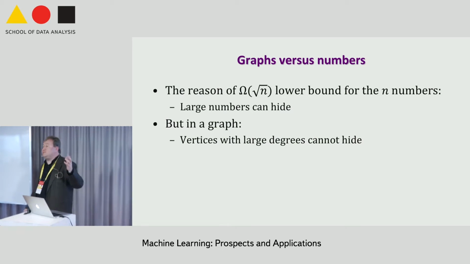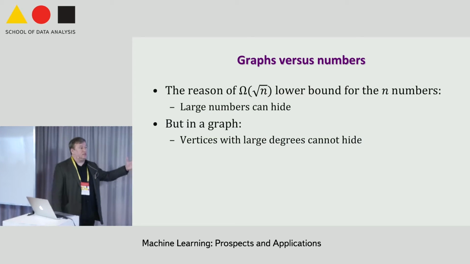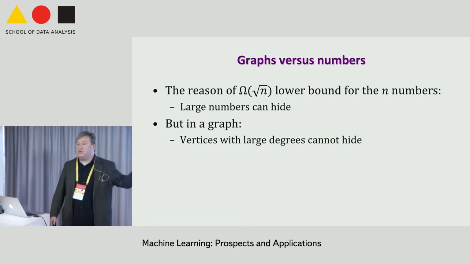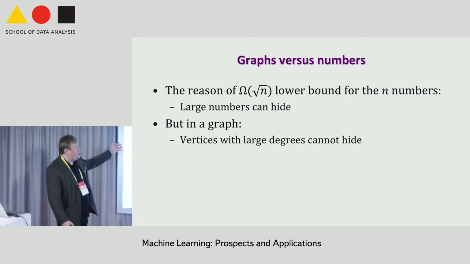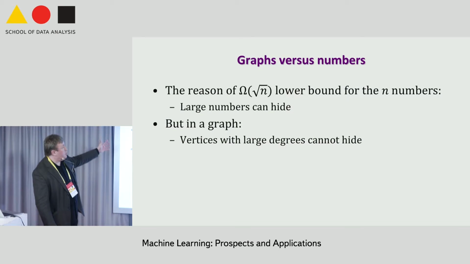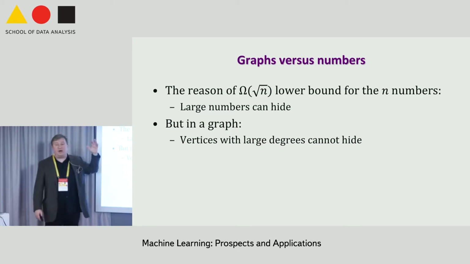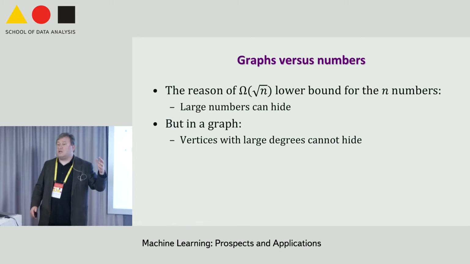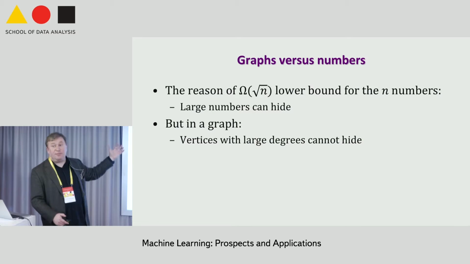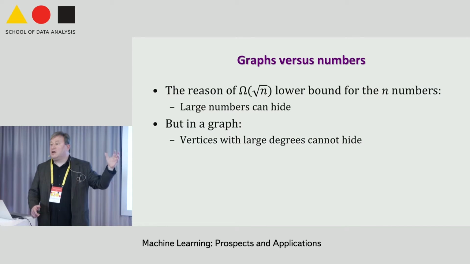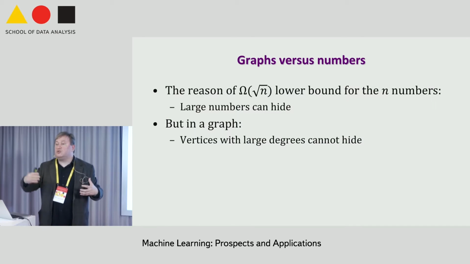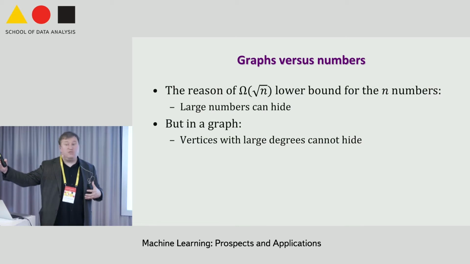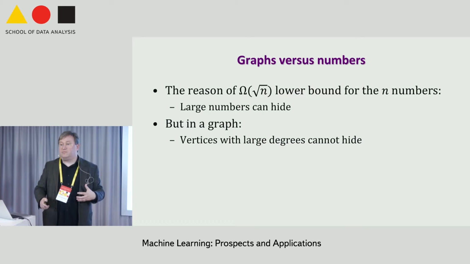The main difference between any sequence of integers in the input and the graph is this: the reason for the lower bound of root of n for the sequence of integers is that we may have big numbers that are hidden. But in the graphs, they cannot be, because there will be at least one other witness for any vertex that has high degree, because it will be connected to someone.